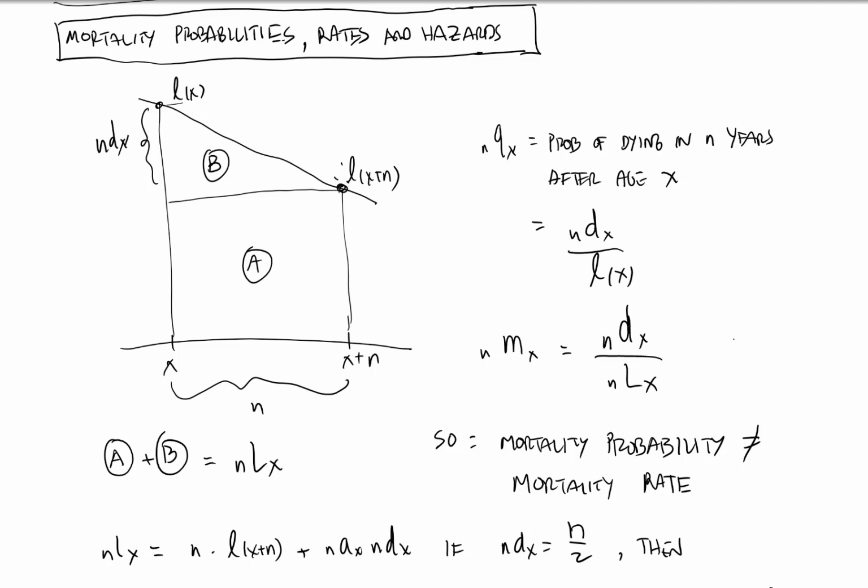A plus B, which is nLx, we have a formal definition of it, which is n times l(x+n) plus nax times ndx.